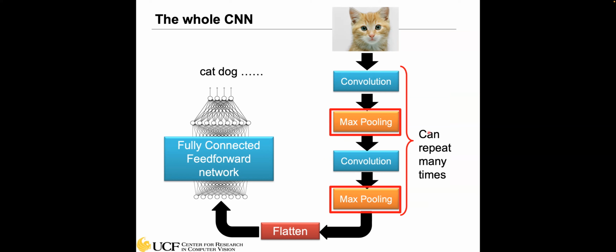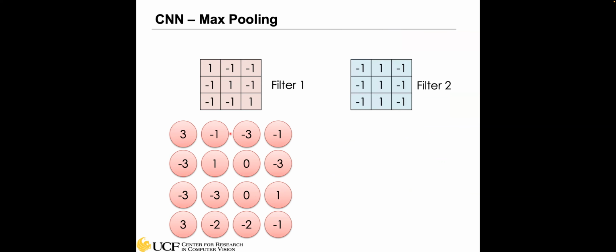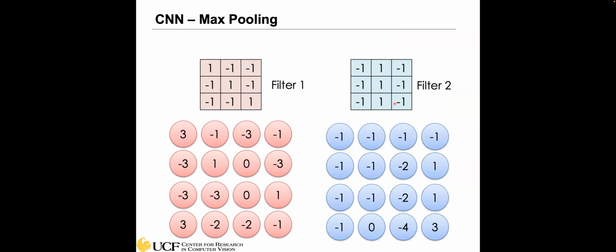So next component is the max pooling. The objective of max pooling is to reduce the feature map size, right? Let's say this is one filter you are using, and this is the feature map that has been generated. And for another filter, you will generate another feature map, okay?